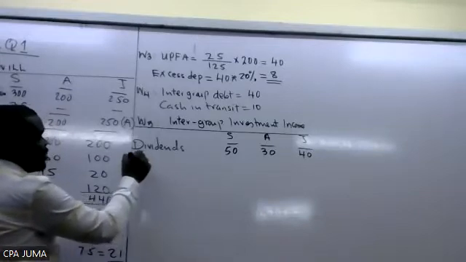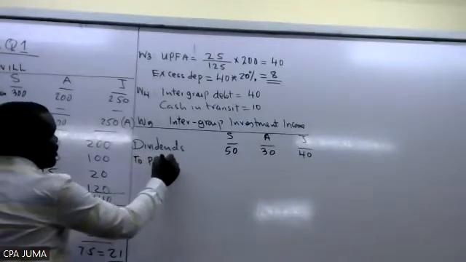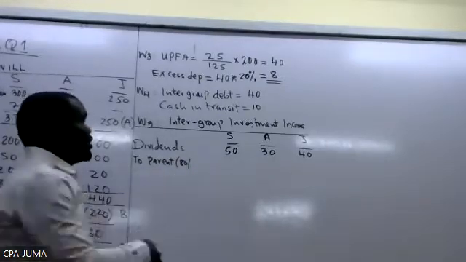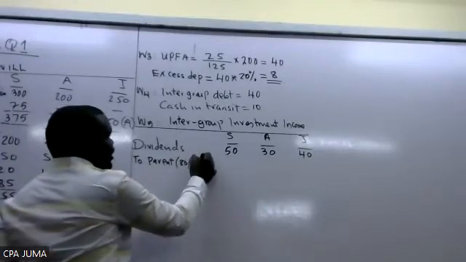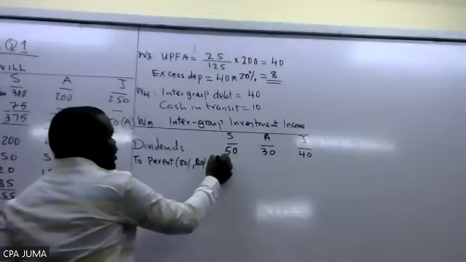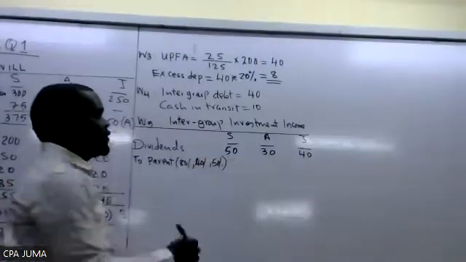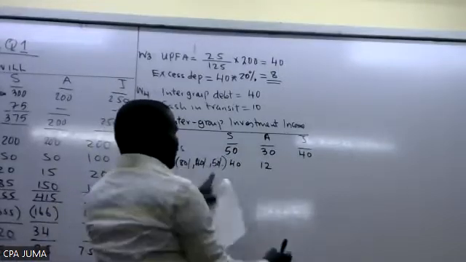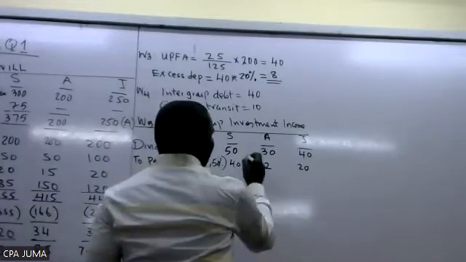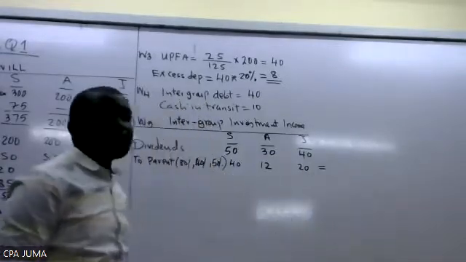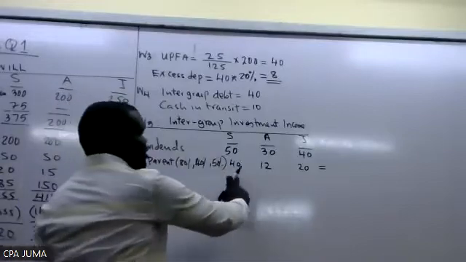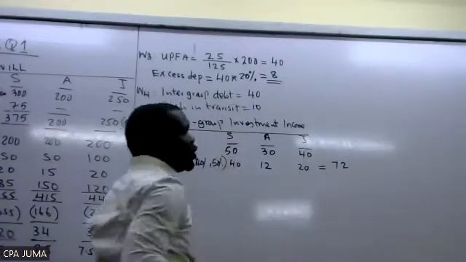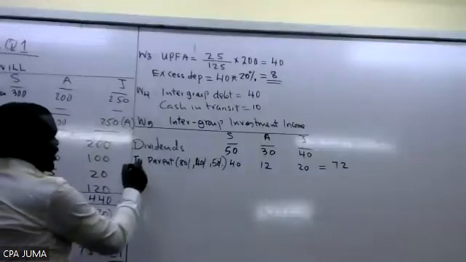Of these dividends, the parent must have taken 80% in S, 40% in A and 50% in J. So 80% of 50 is 40. 40% of 30 is 12. 50% of 40 is 20. So total intercompany dividends, which came from your own investment, is 40 plus 12 plus 20, which is 72.